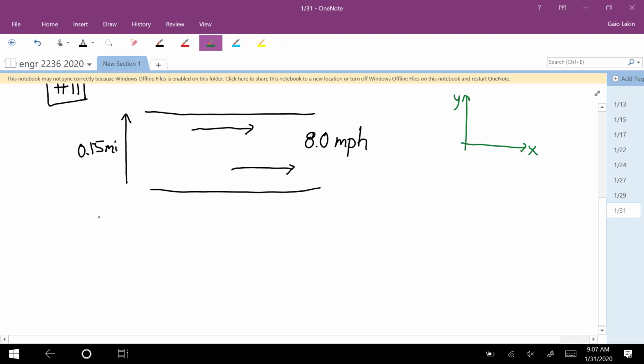So we're trying to come up with the velocity vector of the swimmer relative to the ground. And that's equal to the velocity of the swimmer relative to the water plus the velocity vector of the water relative to the ground.